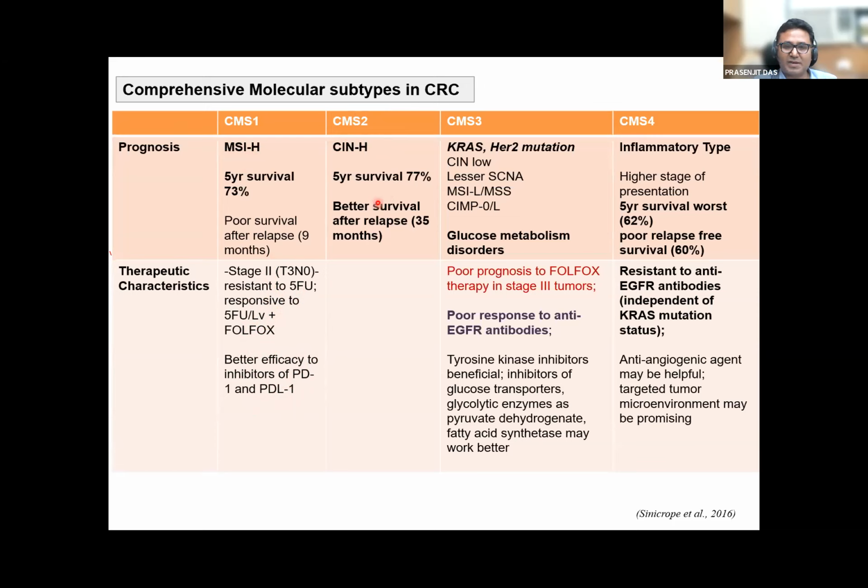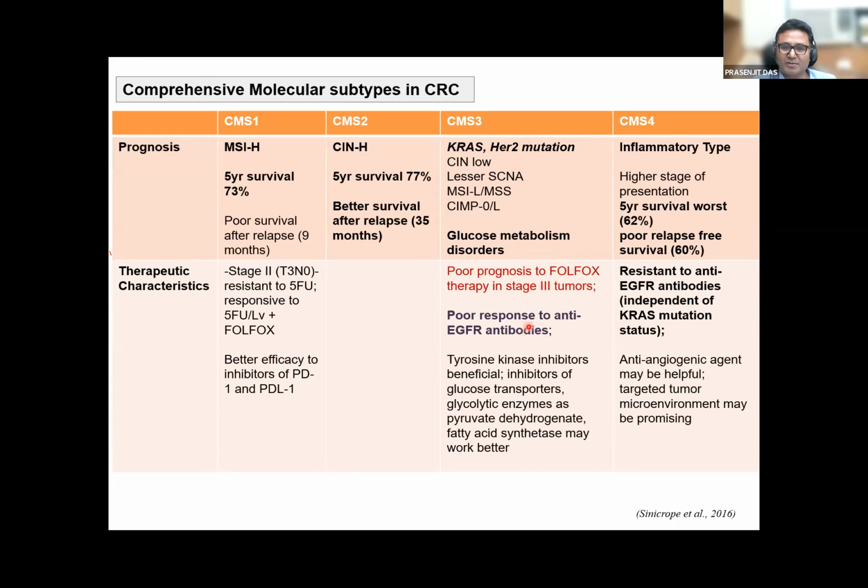CMS type 2 has a very good prognosis. CMS type 3, as I said, has a metabolic disorder, and these patients have a poor response to FOLFOX in stage 3, so it is important to remember. In this tumor, we have high mutation burden, and HER2/neu expression is very high. So as they are resistant to FOLFOX, anti-HER2/neu therapy can be considered.